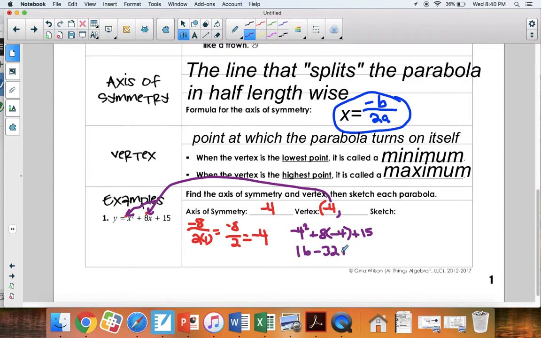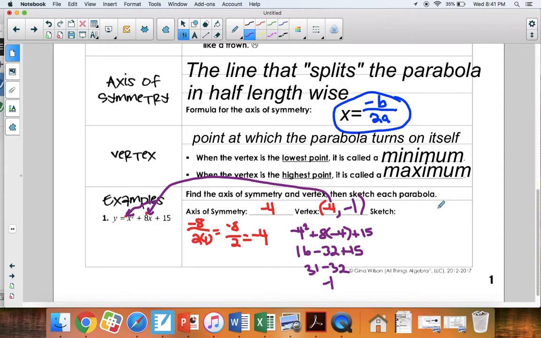And then we're going to add this 15 in here. So now I'm going to just simplify, and I know that 16 and 15 is 31 minus 32. Well, that just gives me a -1. So that's my y value.